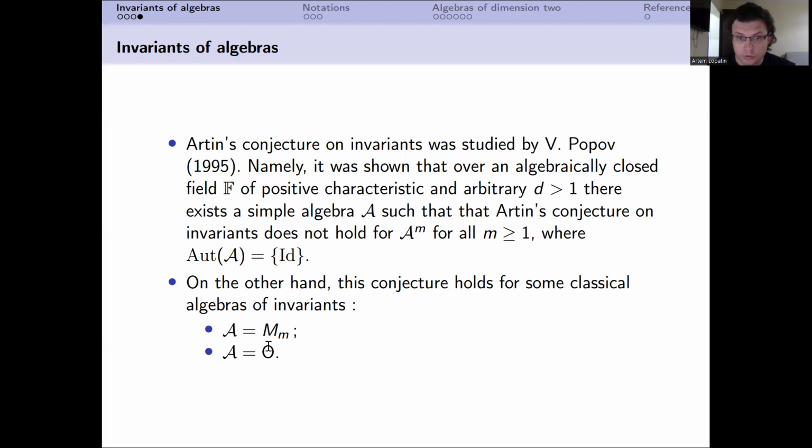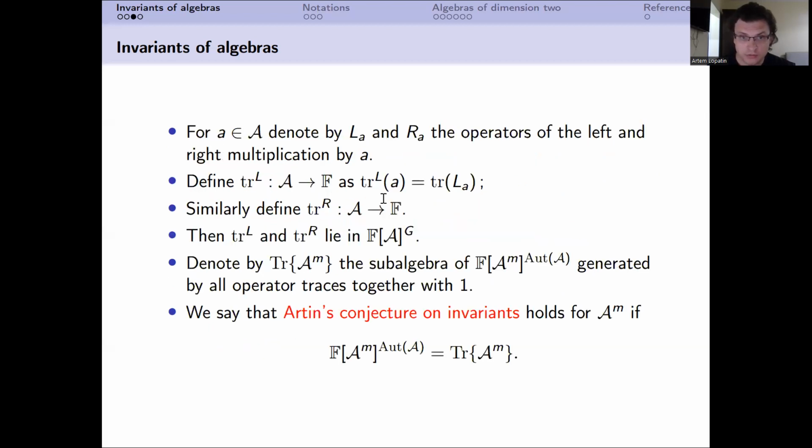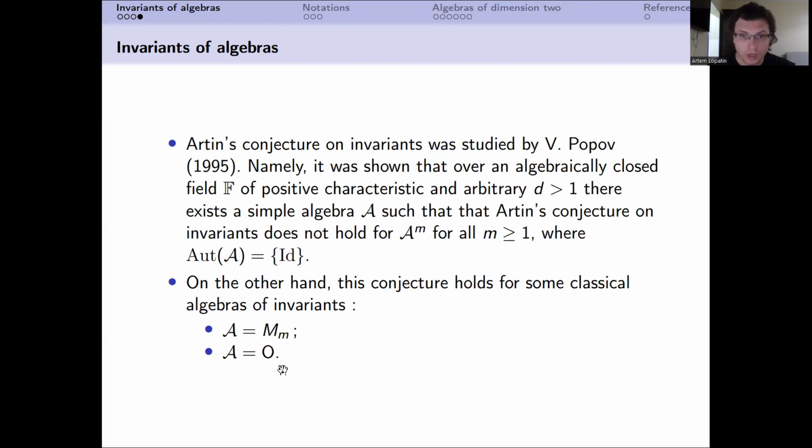And so this octonion trace and our left trace and right trace are not the same, but it's the same modulo multiplication by some constant. And so in these two classical cases, the Artin conjecture holds.